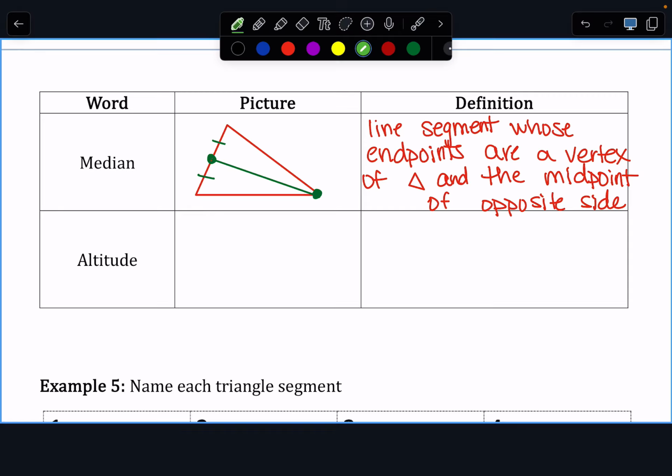Base times height divided by 2. But what kind of segment? Bisector. A midpoint. It's not a midpoint. It has to be perpendicular.